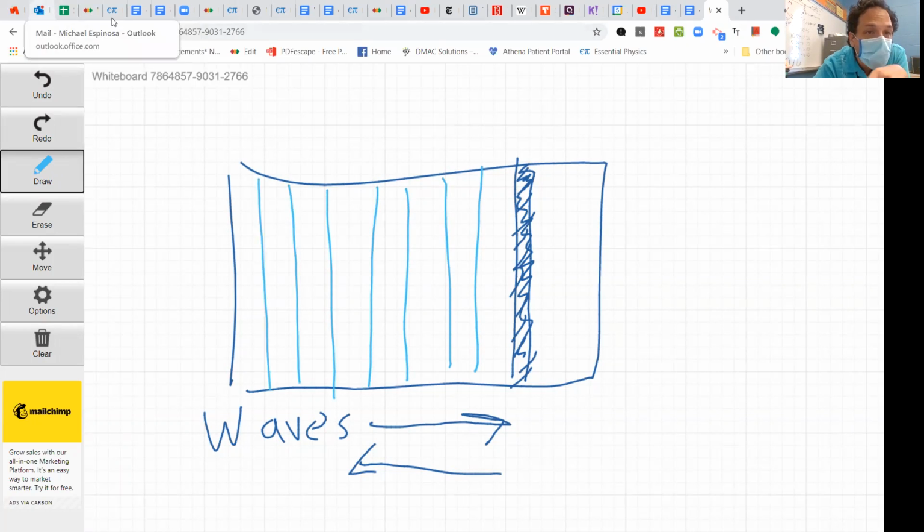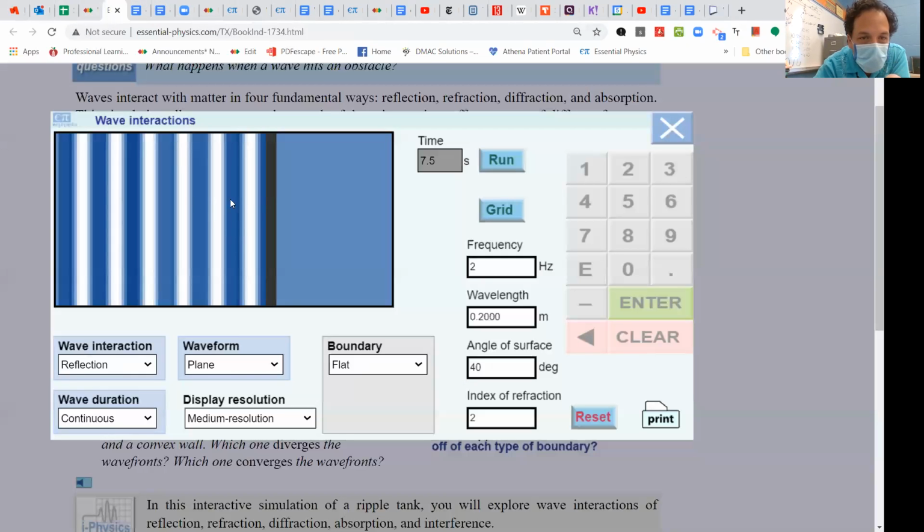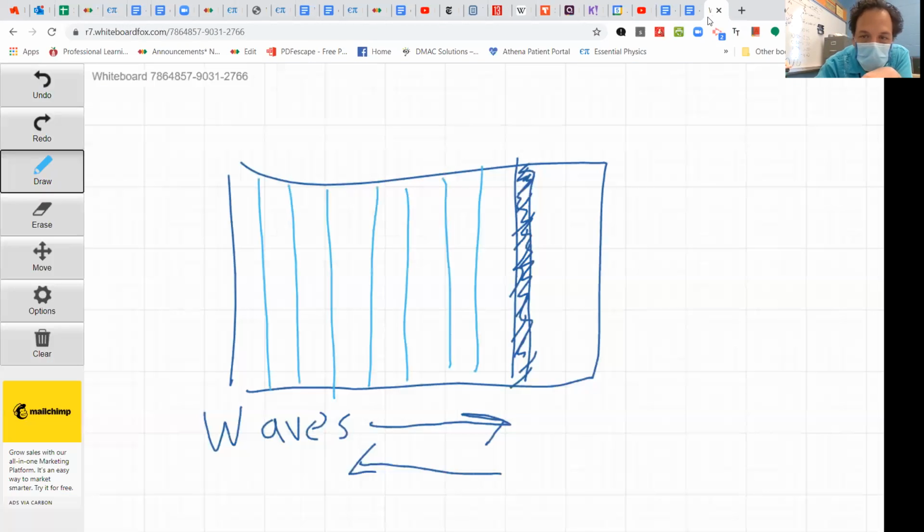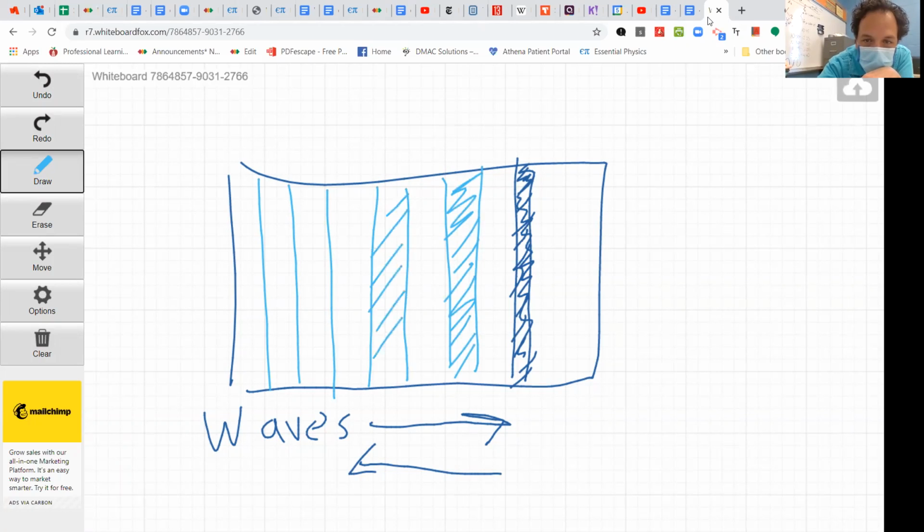And then how did it look? So dark, light, dark, light. So then I would just do something like that.